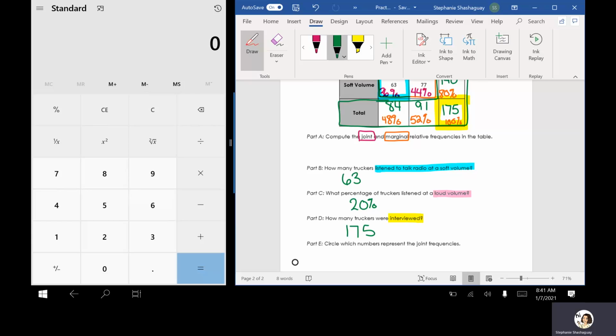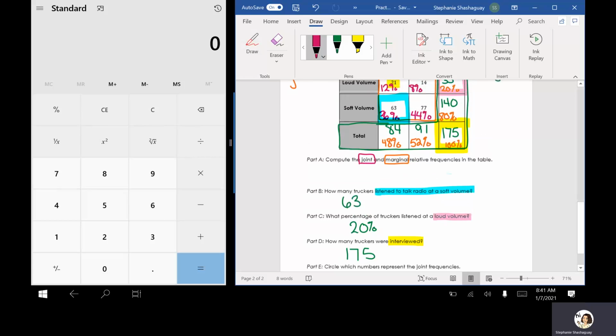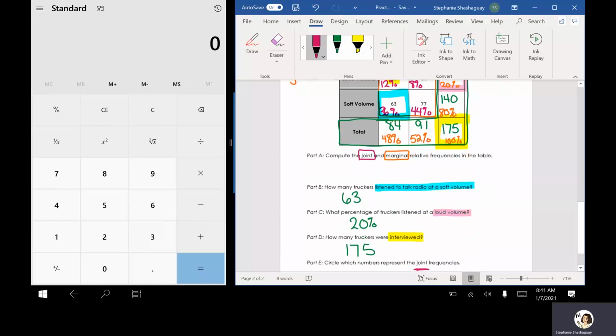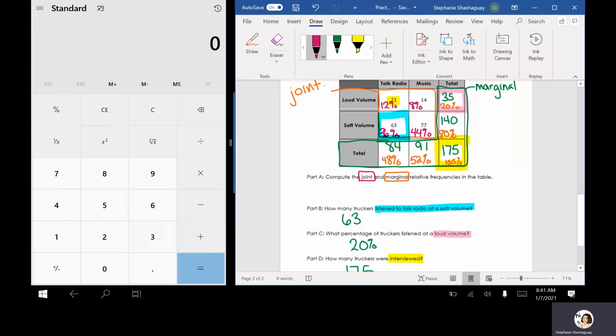Part E, our last step, says circle which numbers represent the joint frequencies. So which numbers are the joint frequencies? It doesn't want to know the percentages, it just wants the joint frequencies. I'm going to do this just in black so that we can see it.